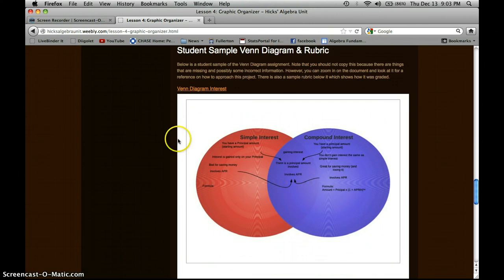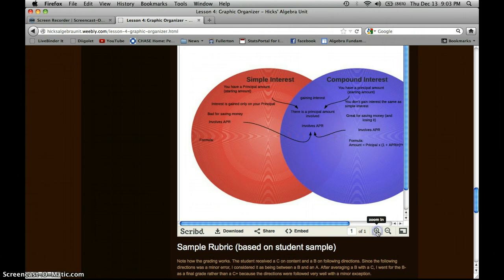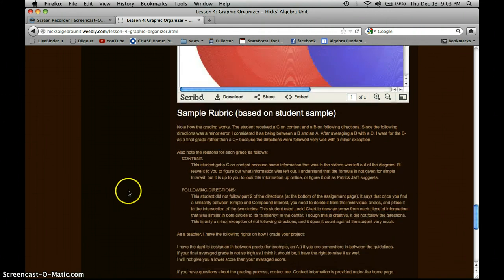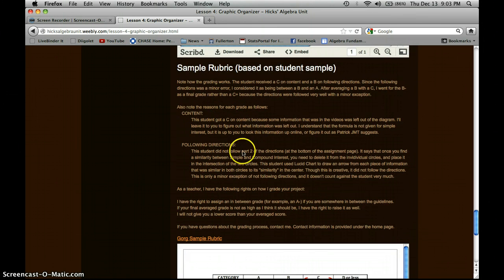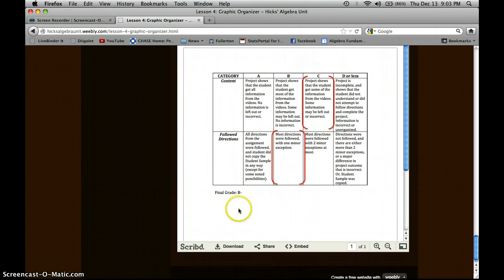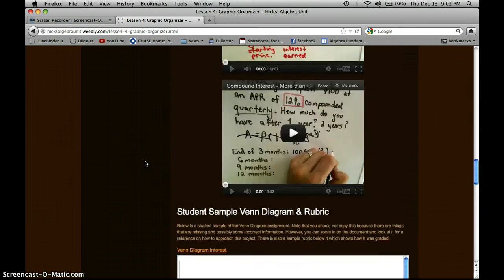There's the 2 YouTube videos. Here's a sample, and then they can zoom in on that so they can see the information in there. And then I have the sample rubric and some information on how I graded it. So that sample got a C on content and a B on following directions, so I averaged it to a B minus because it was still a really good example. They just didn't follow directions very well.